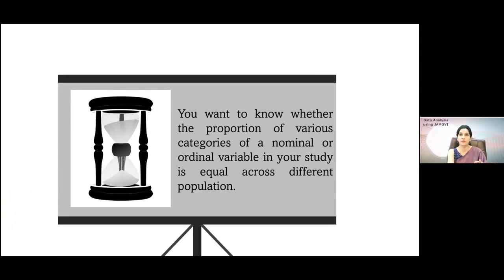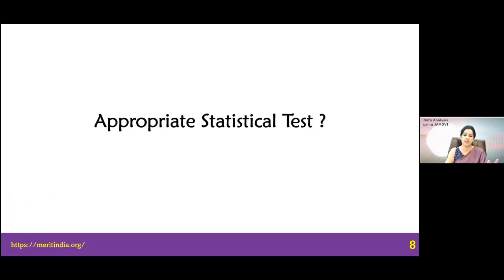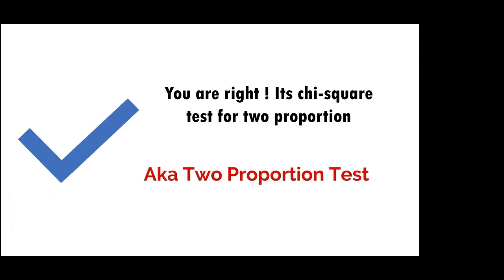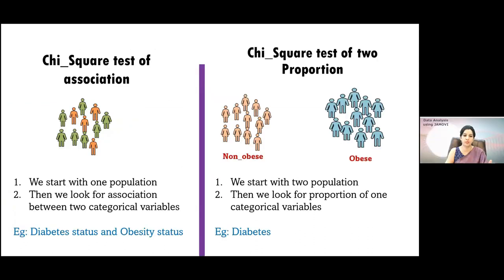So in this case, we want to know whether the proportion of the various categories of a nominal or an ordinal variable in our studies is equal across different populations or not. So there I talked regarding the type of study design. So the appropriate statistical test will be the chi-square two proportion test.